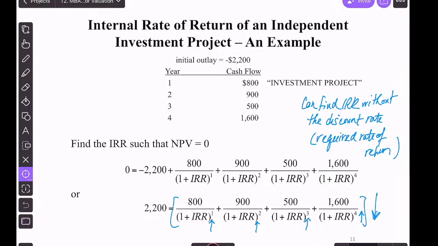Oh, CFO, you asked what does it mean? It's the initial outlay, it's the initial investment. So you invest this amount, and these are your net revenues each year.